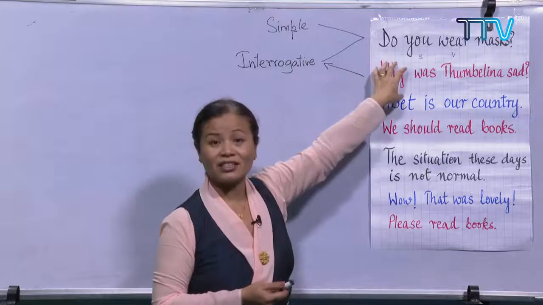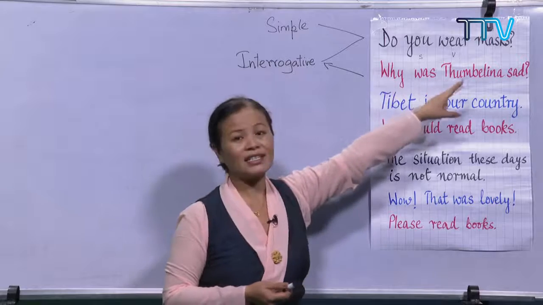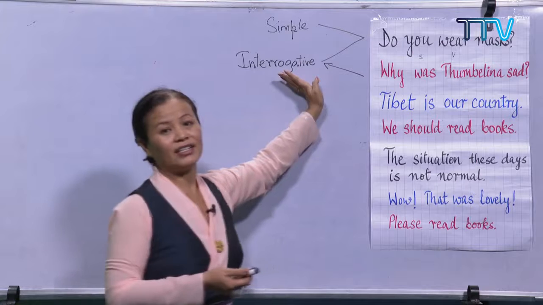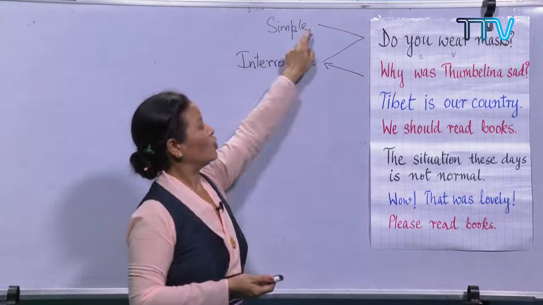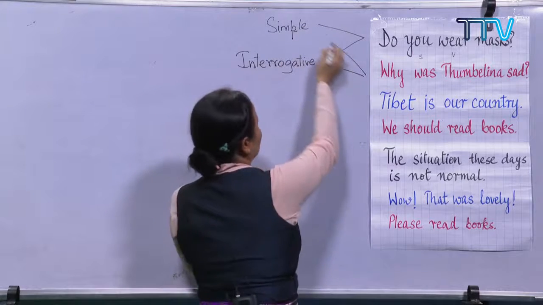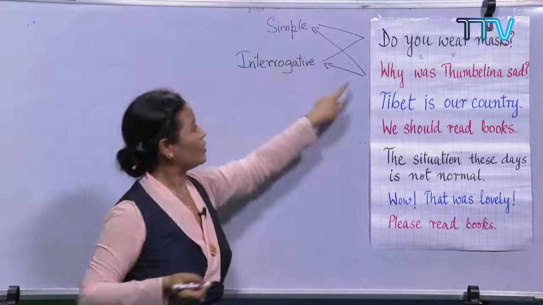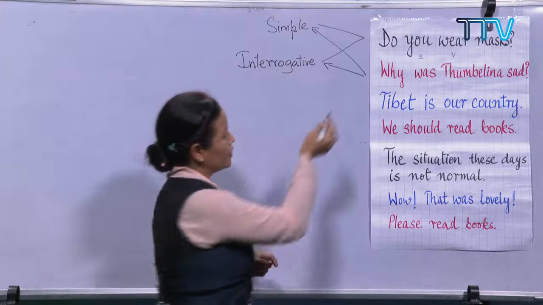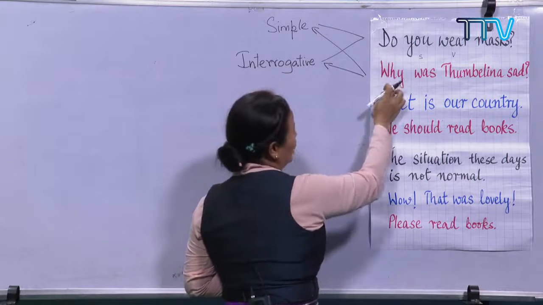So, this is a question, right? This ends in a question mark, and this is an interrogative sentence. No wonder this is also a simple sentence. Interrogative, simple.